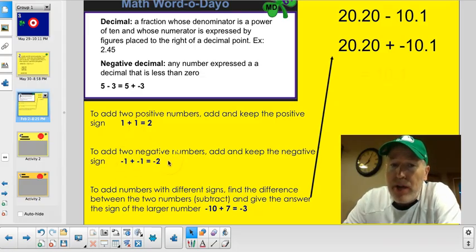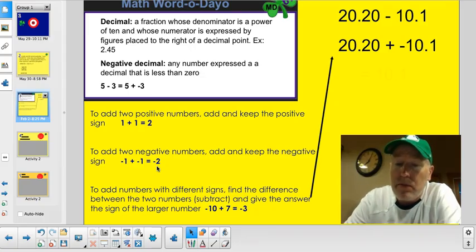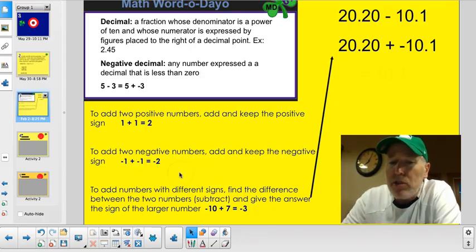Likewise, if you're going to add two negative numbers, like a negative 1 and a negative 1, that would be negative 2, all right? Makes sense, right? Because I added two different negative numbers together to get my total MasterCard bill.